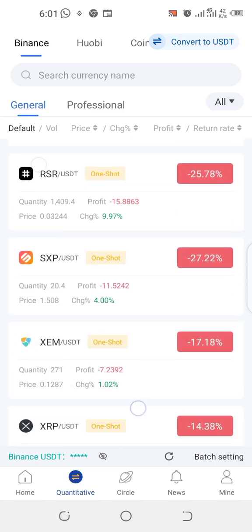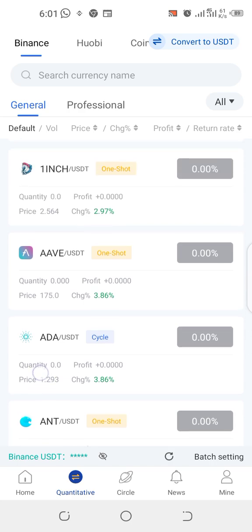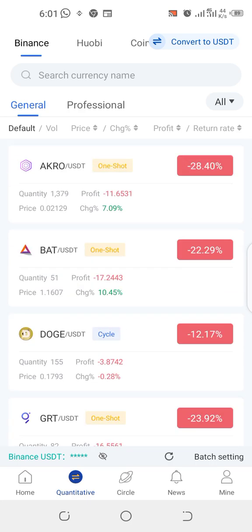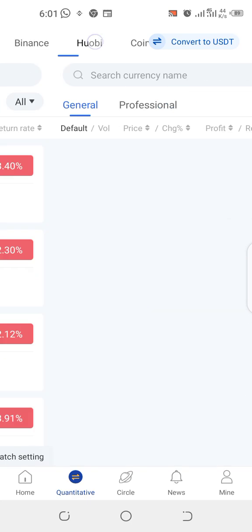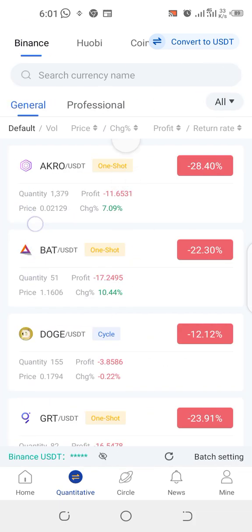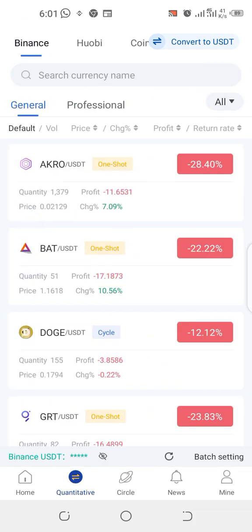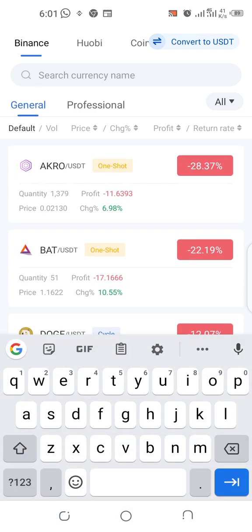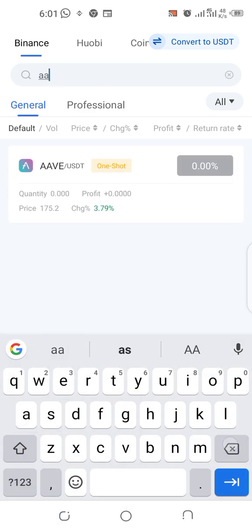So let's assume I want to set up a trade on one of these coins, and of course what I'm showing is just under Binance. You can switch to UOB, essentially the same list of coins actually. If I switch back to Binance, you see that it's the same list of coins.